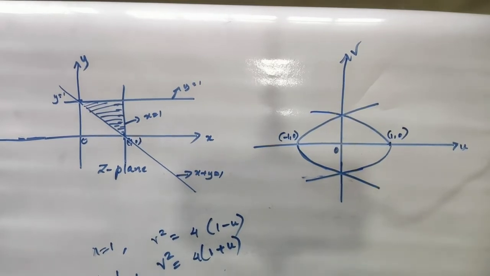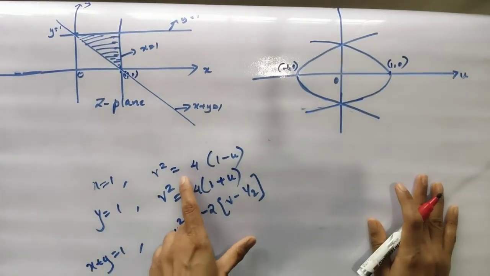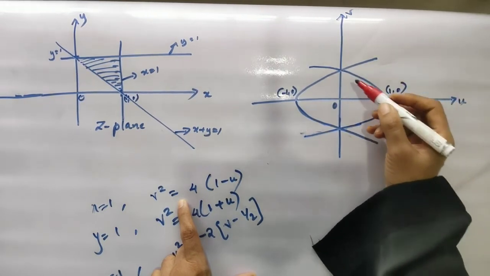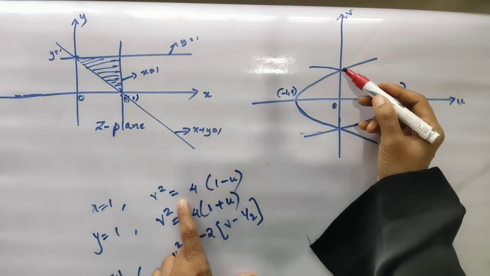Finally, for the line x plus y is equal to 1, we had got the parabola u square is equal to minus 2 times (v minus half). Now see here, this parabola is cutting the v axis, or the imaginary axis.